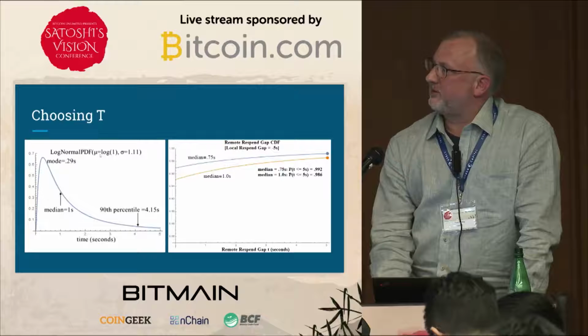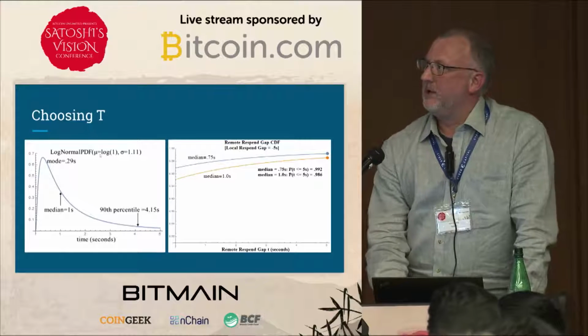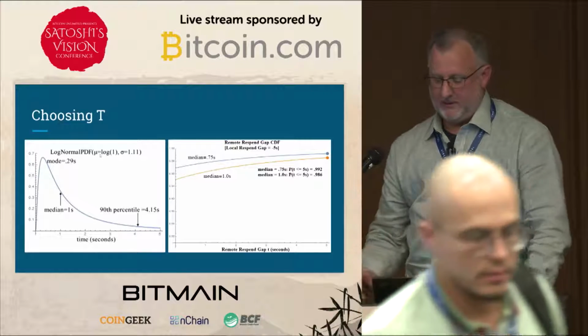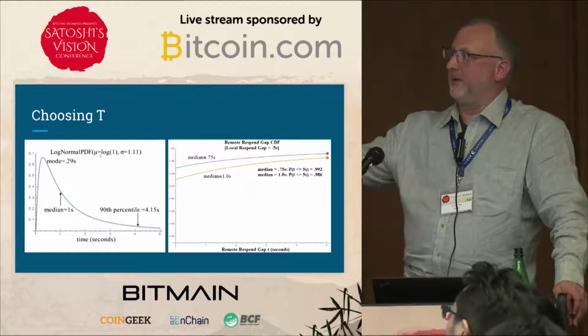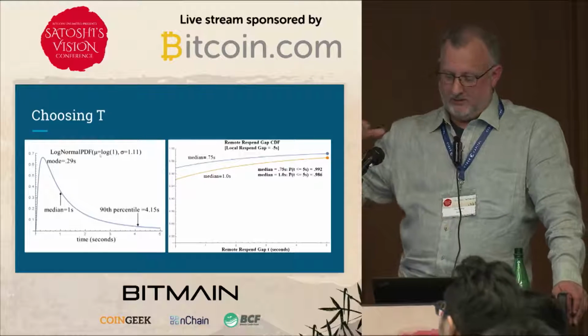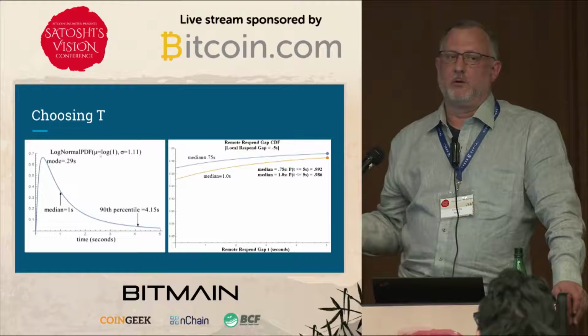Okay, so just a little bit about choosing T. If we make a statistical model of transaction propagation, we can predict how the entire network will behave.